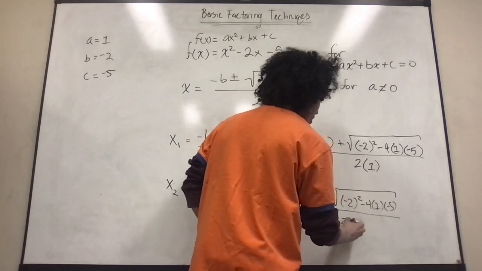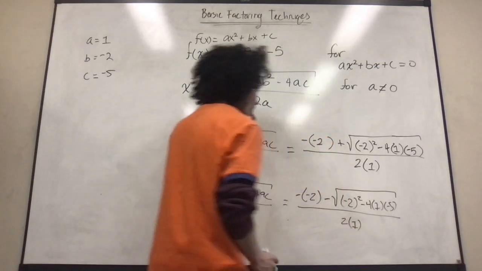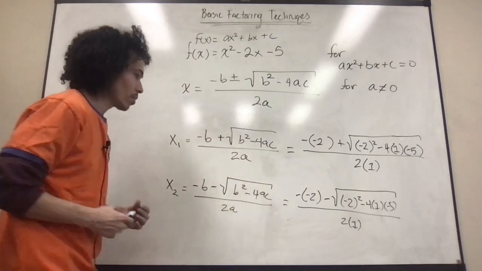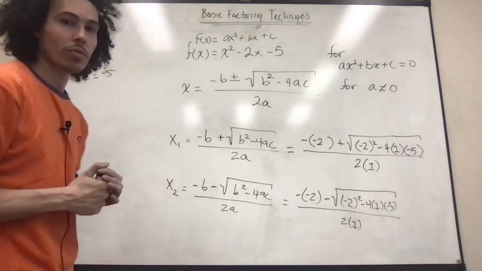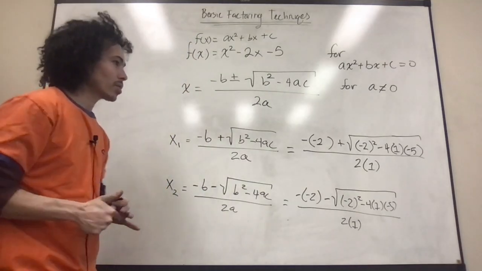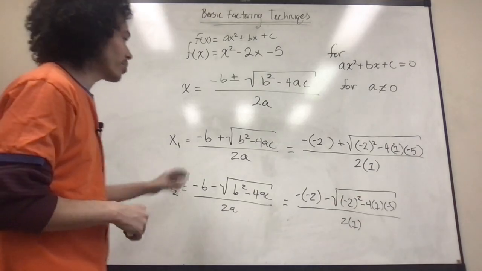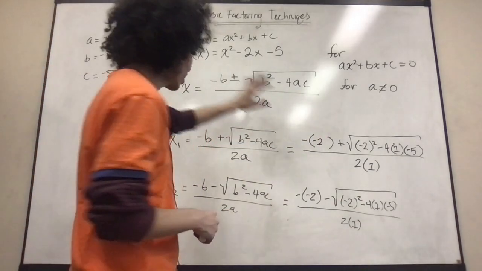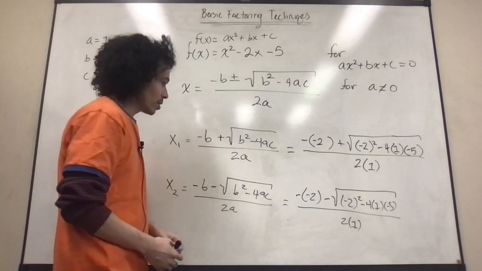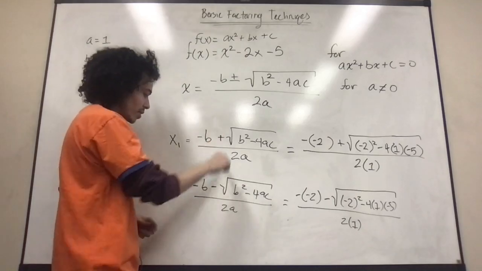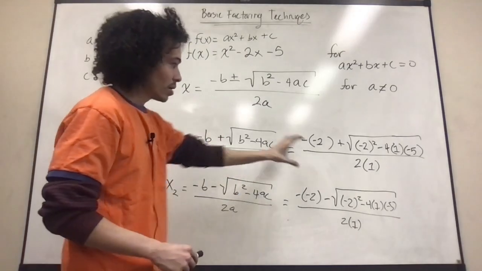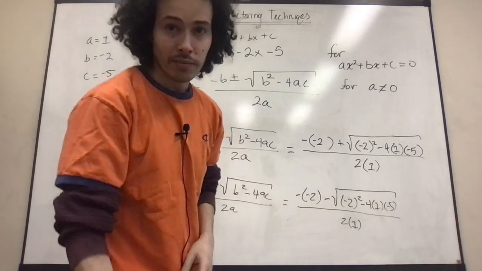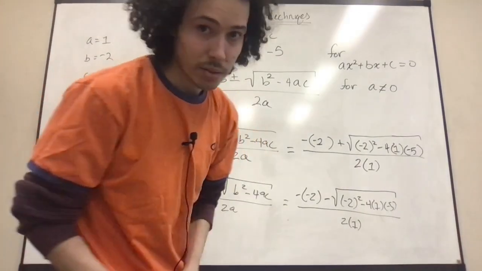There you go. 2, 1. There you go. We plug. That's what they call plug and chug. We plugged the numbers into the formula. We have the two versions of the formula, positive and negative, and now all that's left is plugging this into your calculator, computing it.